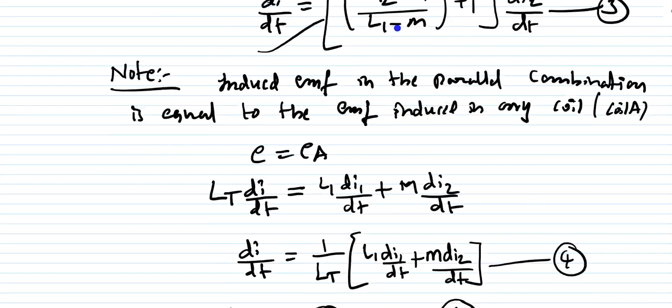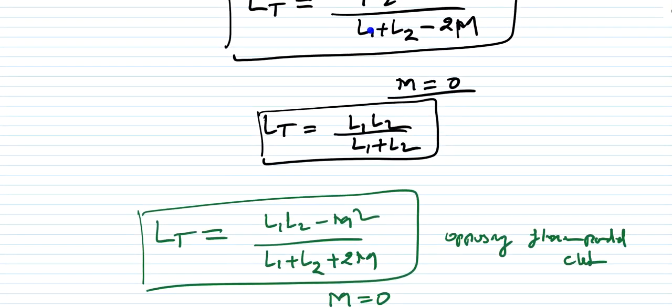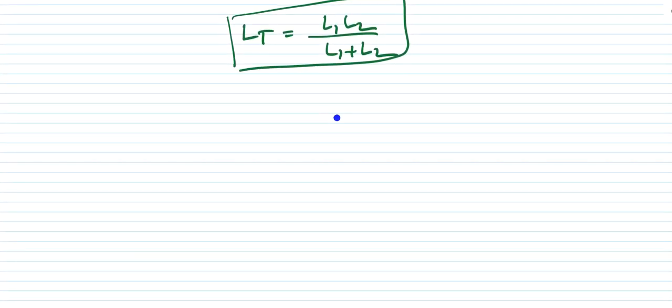You can see what the dot convention polarity is and how it is useful to calculate the total inductance of the circuit, and also useful to understand what the self-induced EMF and the mutual induced EMF are. Is that mutual induced EMF adding to the self-induced EMF or opposing the self-induced EMF? Those concepts can be understood here.